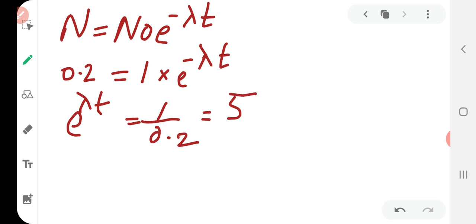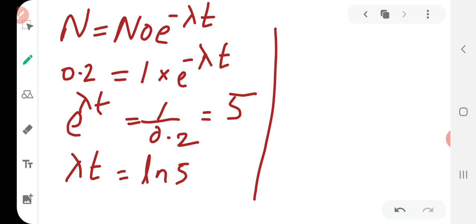And in order to remove e, we have to take log to the base e on both sides. That is, taking ln on both sides, we get lambda t is equal to ln 5, or t is equal to ln 5 by lambda.